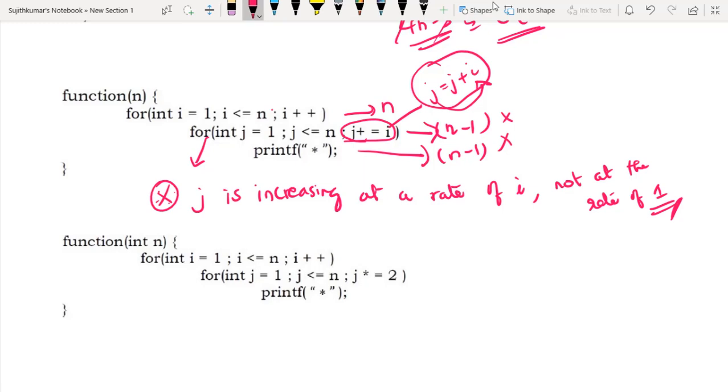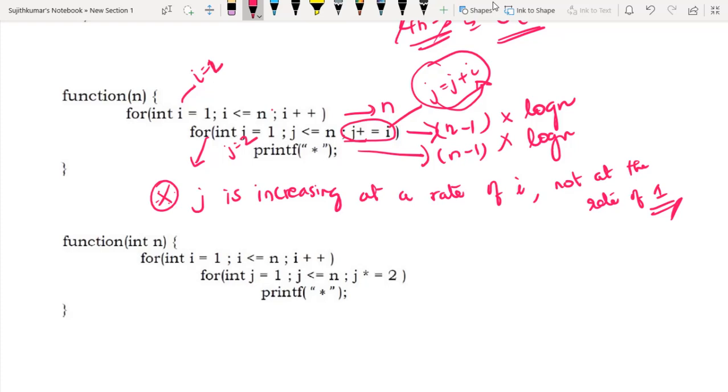If that is the case, then this will not go for the whole iteration, this will execute only log n times. So everything inside the loop will also go for log n. How do you claim that? Let's say my i equals 1 and j becomes 2.